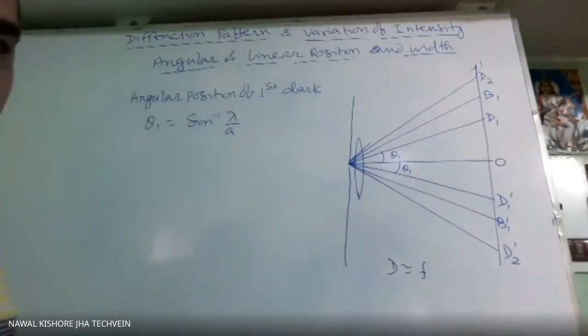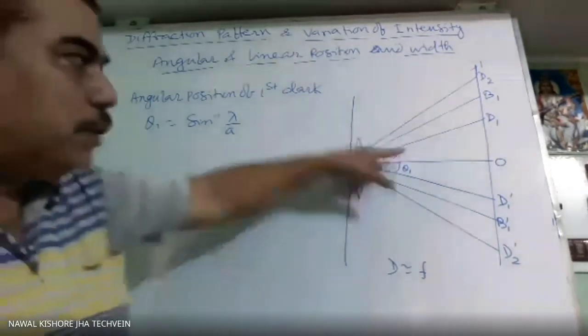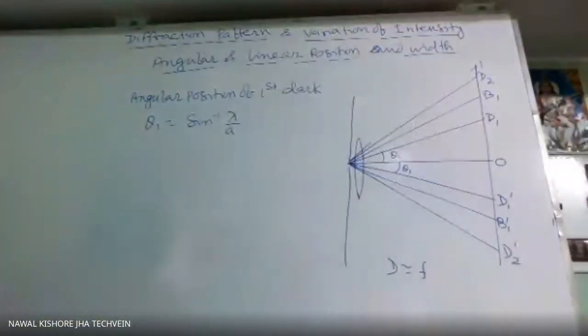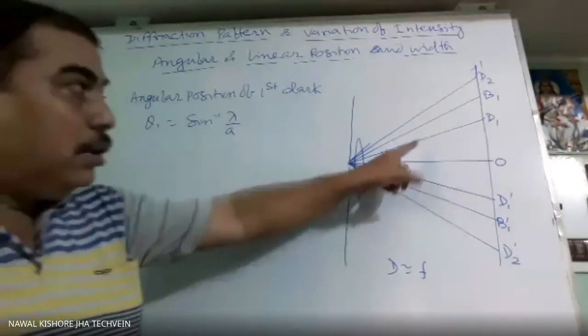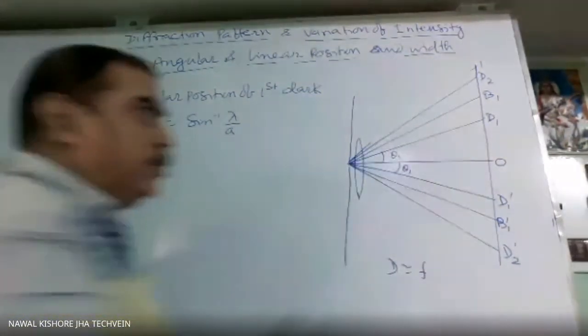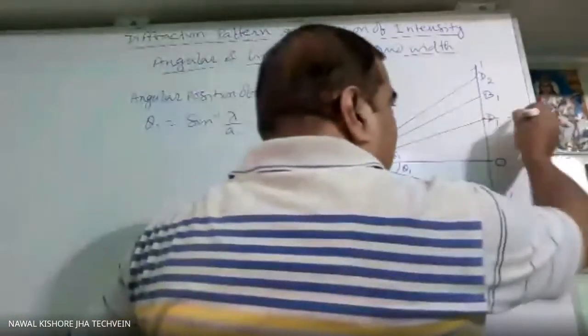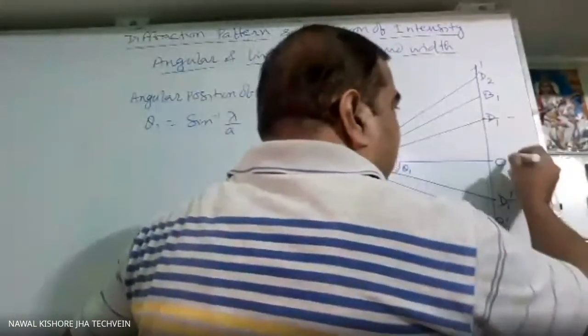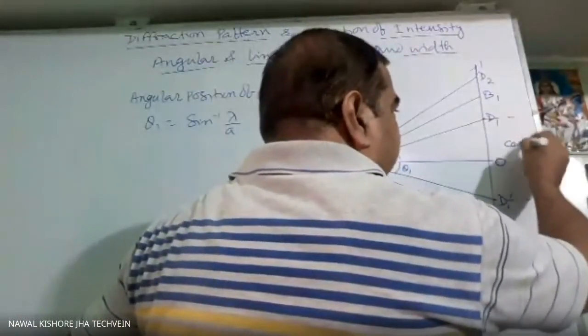For first dark, a sin theta is lambda. So this is on both sides. Now, from here to here we are getting central maximum. From here till here, we call it central maximum.